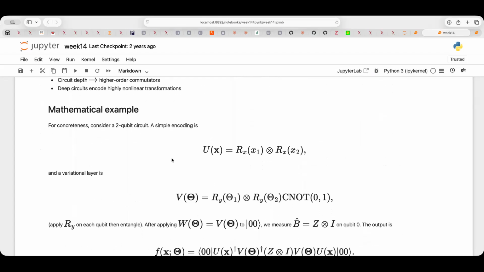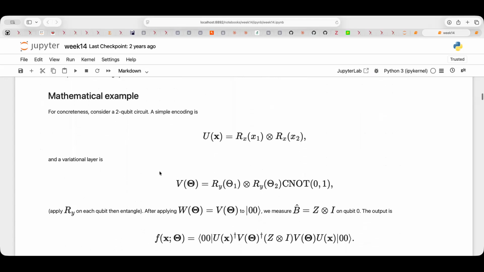So typically, we consider the 2 qubit case. This is the one we have here. There's a simple encoding like this one. And then if you have a variational layer, you would have 2 parameters here, and then you have a CNOT gate here. So you would have a rotation on both the 2 qubits, and then you entangle things with a CNOT.